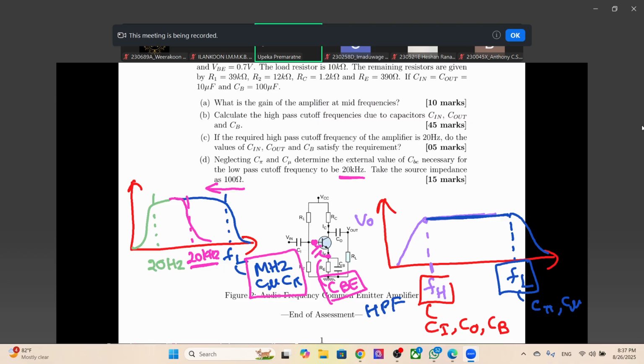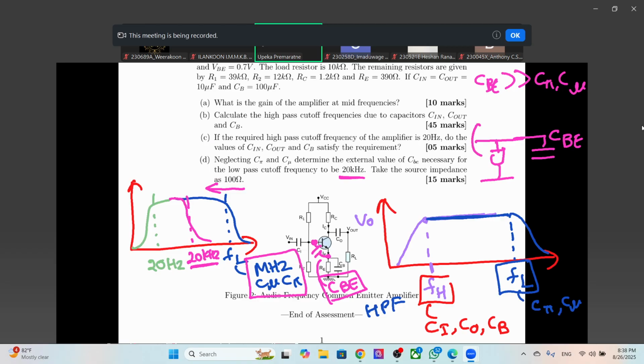Now, the relaxation loop capacitance is CBE, which is many times larger than C pi and C mu. Because of that, we neglect C pi and C mu.